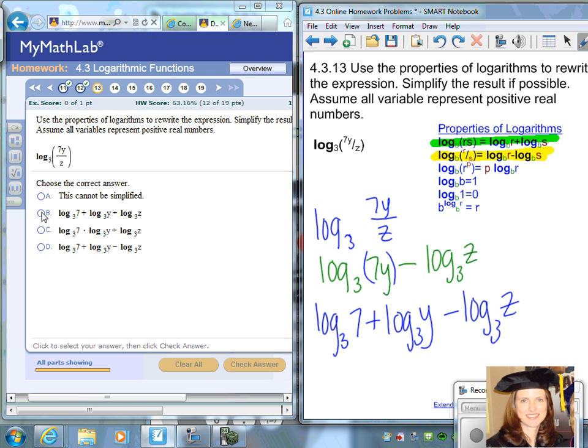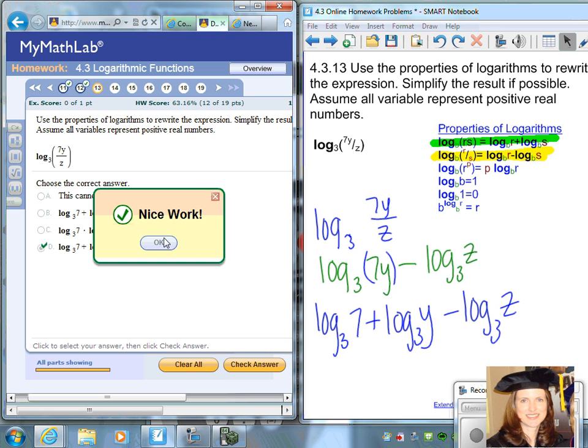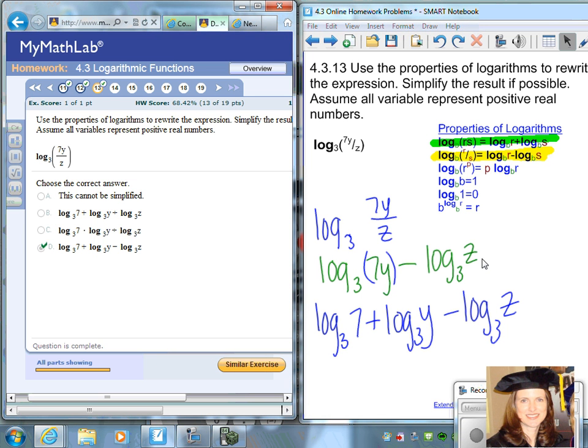So that looks like choice D. Okay, so we're using the properties of logarithms to rewrite the expression. I've used the first two properties for this example.